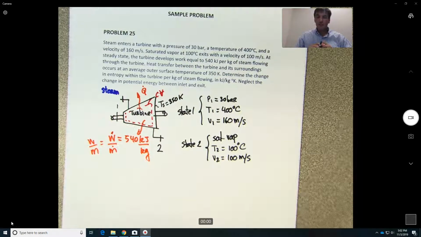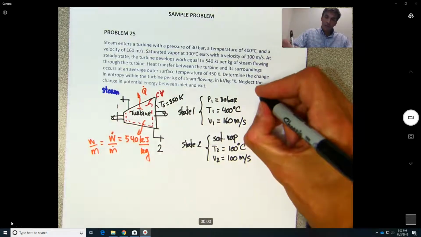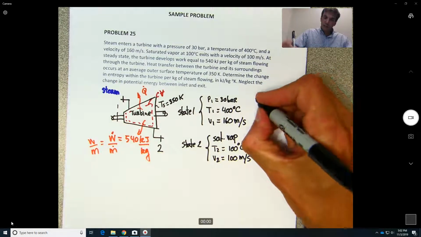Determine the change in entropy within the turbine per kilogram of steam flowing in, in kilojoules per kilogram Kelvin. Neglect change in potential energy.